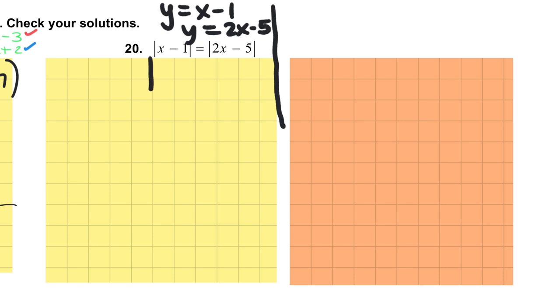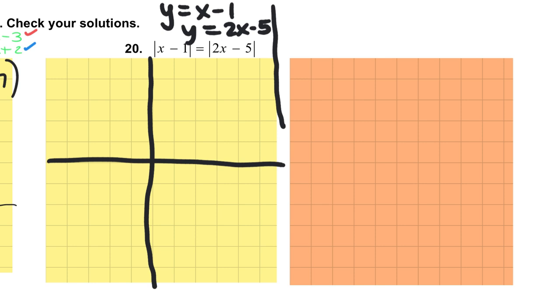And I can automatically already graph this. Correct. My first line is going to be a y-intercept of -1, up 1 for my slope of 1.